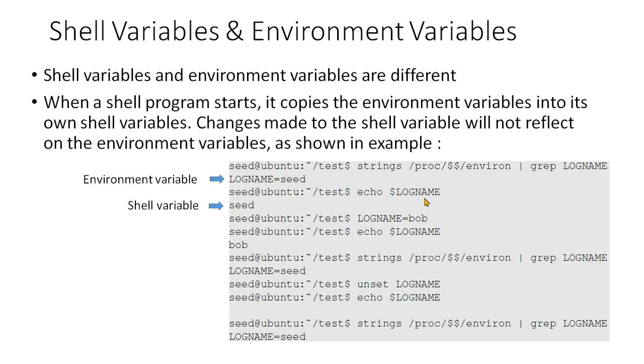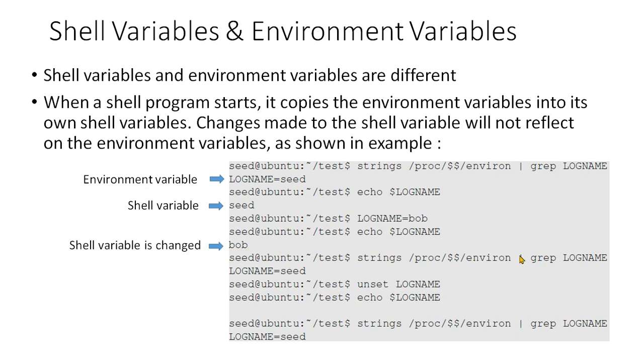And when we change this variable to Bob, actually we don't change the environment variable, we only change the shell variable. It doesn't change the environment variable. It's still Bob for the shell variable.